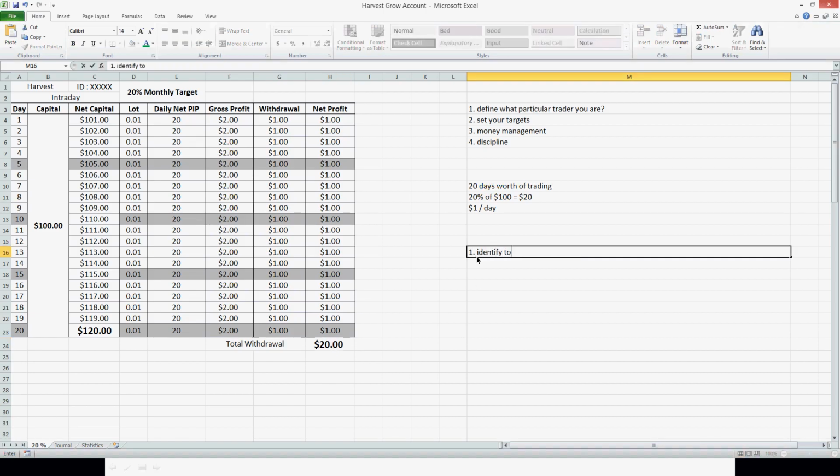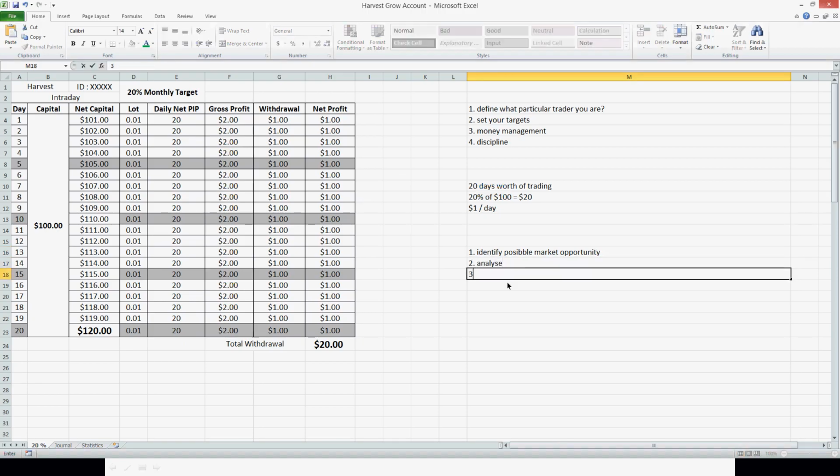you have to identify a possible market opportunity. The next one is you have to analyze the market.